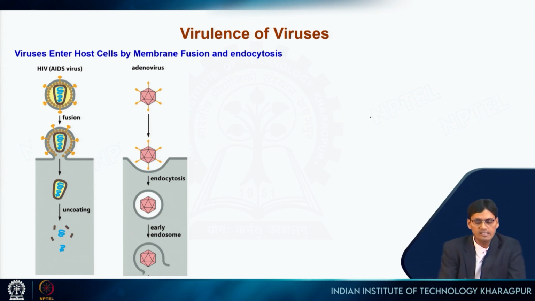So as you can see, HIV virus and adenovirus, I'm just giving two examples here. HIV virus gets fused with the host cell membrane. So this is membrane fusion, and therefore they are coming inside the host cell. This is the host cell and this is the HIV virus.